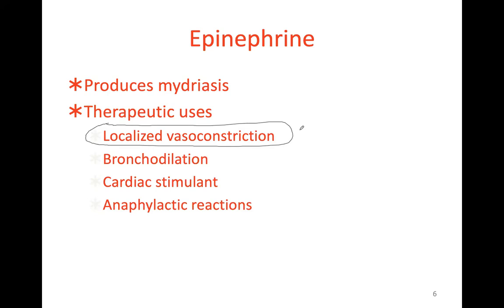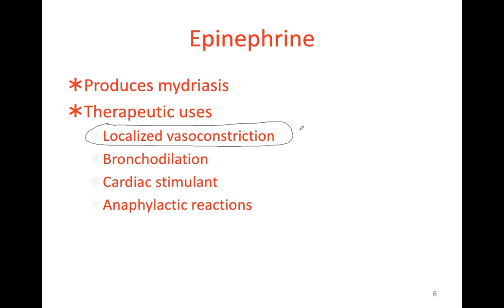When somebody goes into anaphylactic shock, that's the histamine being released. And so we're going to physiologically antagonize it by giving epinephrine, which is going to cause bronchodilation. The histamine released because of the venom causes bronchoconstriction, and we're going to use the epinephrine to cause bronchodilation. So that's the beta 2 action.